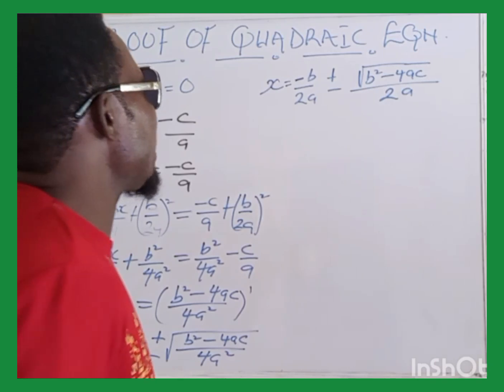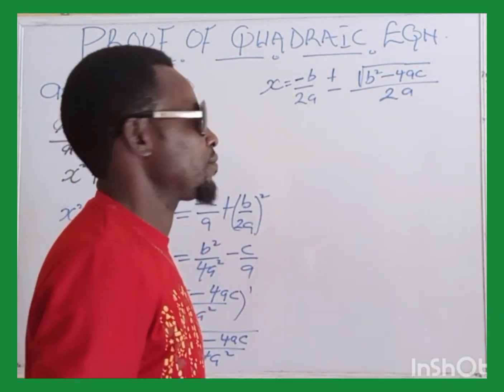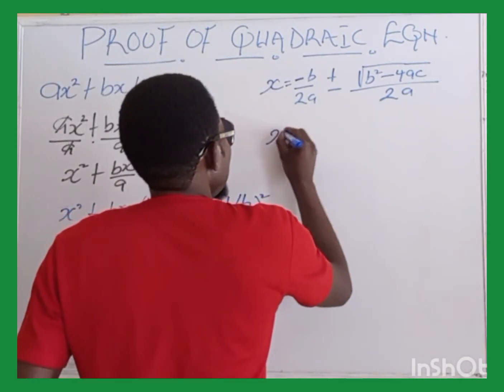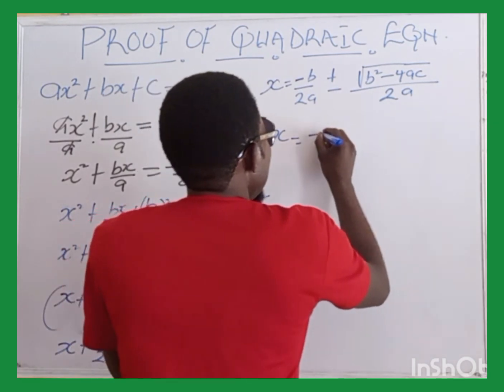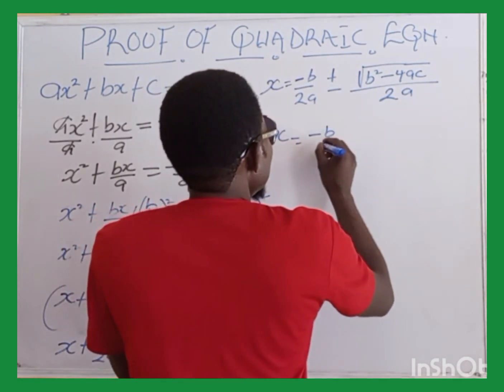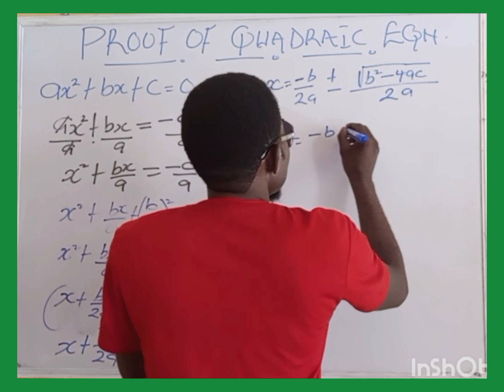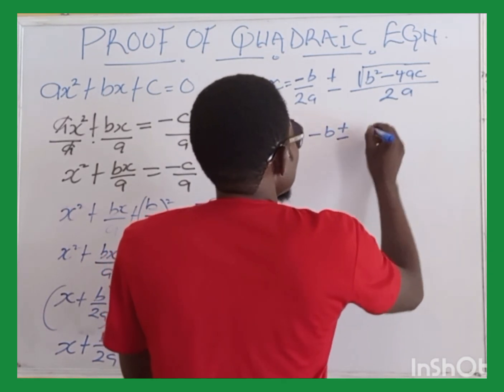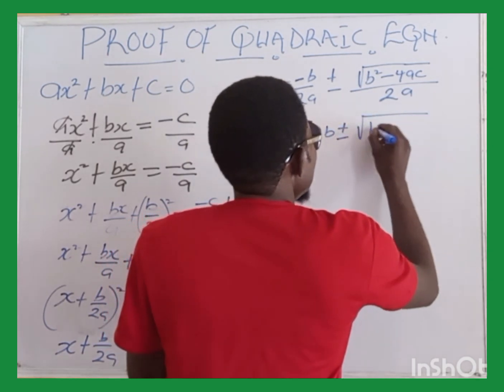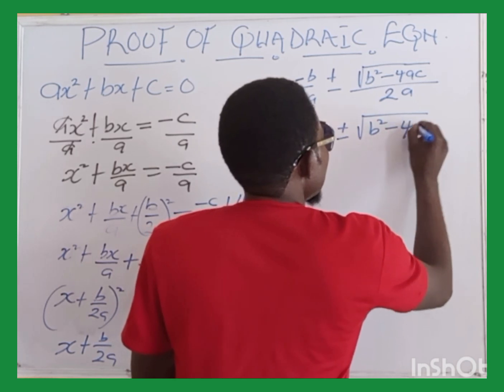Then looking at this critically, we can always find the LCM. x now will be equals to minus b plus or minus square root of b squared minus 4ac.